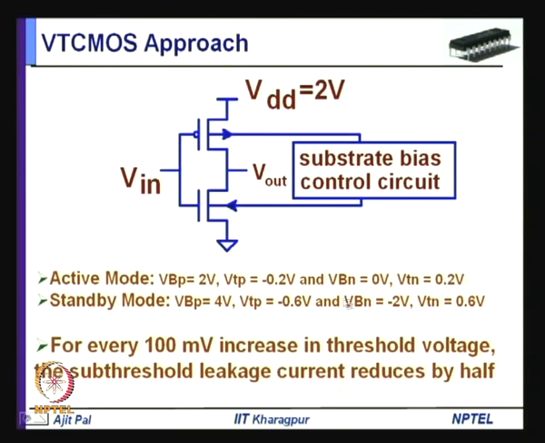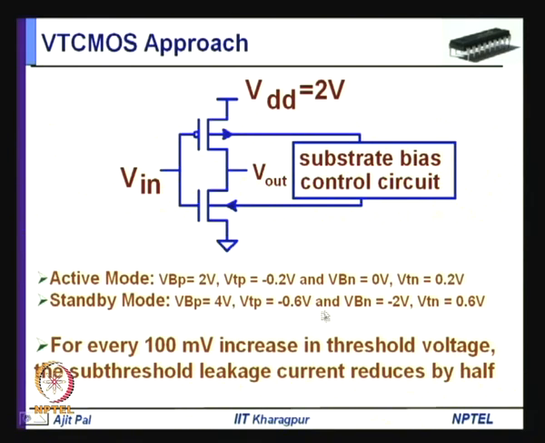So, we find that both the threshold voltages are now increased. For the PMOS transistor it is increased from minus 0.2 volt to minus 0.6 volt, and for the NMOS transistor it is increased from 0.2 volt to 0.6 volt.